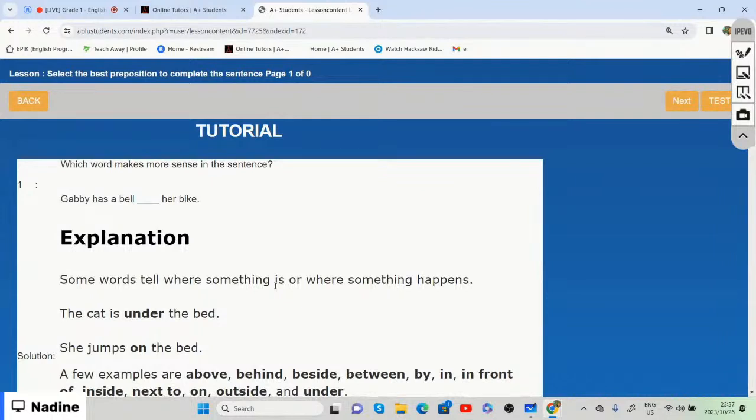So some words tell us where something happens. And then we also made examples: the cat is under the bed, which means that under is the preposition, and she jumps on the bed, so on is the preposition.